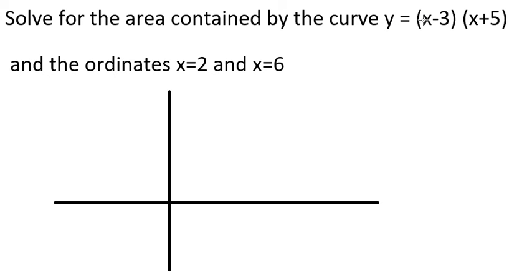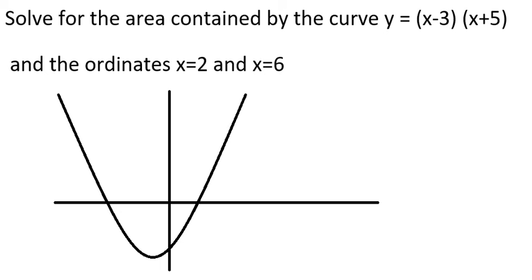Because we have positive 1 and positive 1 next to x, the graph should be like this. So this one is about positive 3. This one is about negative 5.